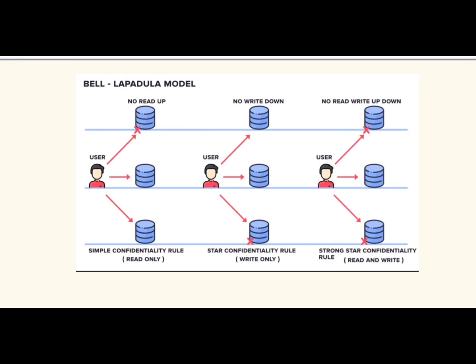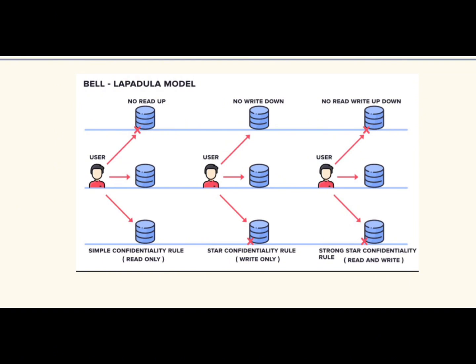The Bell-LaPadula model is a mandatory access control model designed for maintaining data confidentiality in multi-level security systems. It is widely used in government and military environments to prevent unauthorized access to classified data.